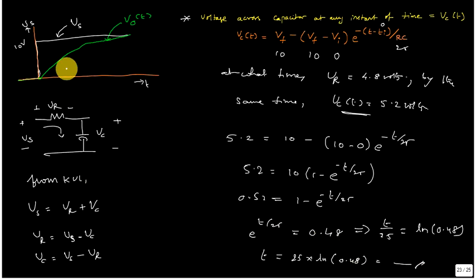From this diagram you can write, at this point the capacitor voltage is 5.2 volts. Thank you.